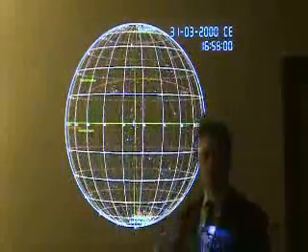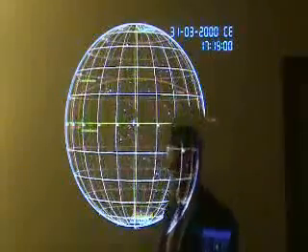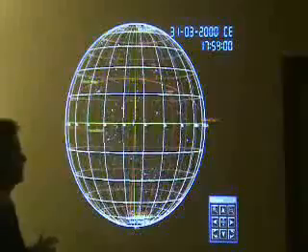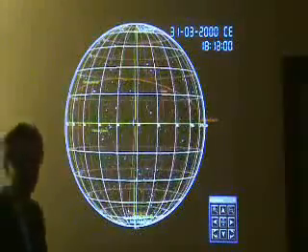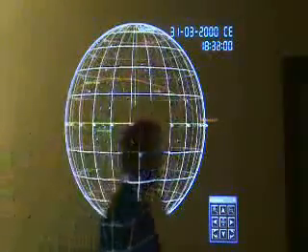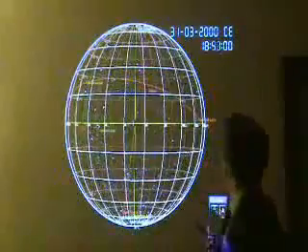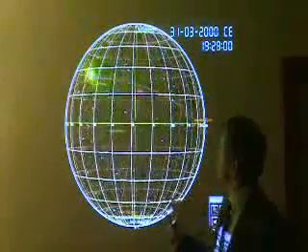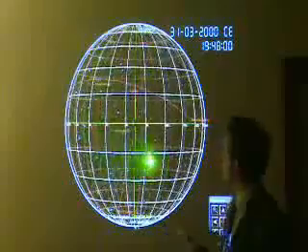Now, either the sun goes around the world or the world goes around the sun. But either way, for the case of modelling, it makes very little difference. The sun, if it went around the world, would follow that path.